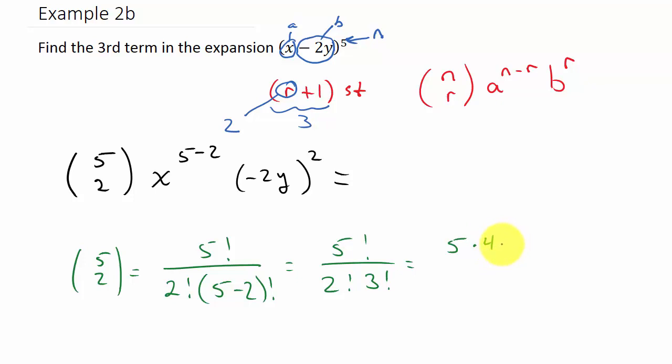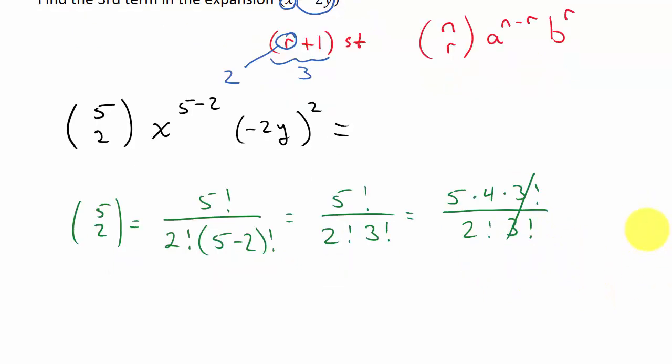Well, 3 times 2 times 1 is 3 factorial, over 2 factorial times 3 factorial. See how the 3 factorials cancel out? I'm left with 20 over 2 factorial, which is 2 times 1, so that's 20 over 2, and that's 10.